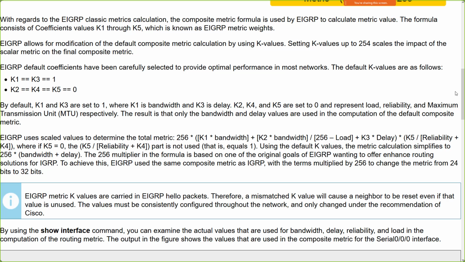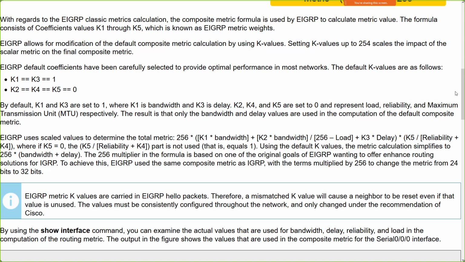The composite metric formula is used by EIGRP to calculate the metric value. The formula consists of coefficients, K1 through K5, which are called metric weights. We actually set those K values by using the metric weights command. EIGRP allows for modification of that default composite metric by manipulating the K values up to 254 to scale the components of the metric.